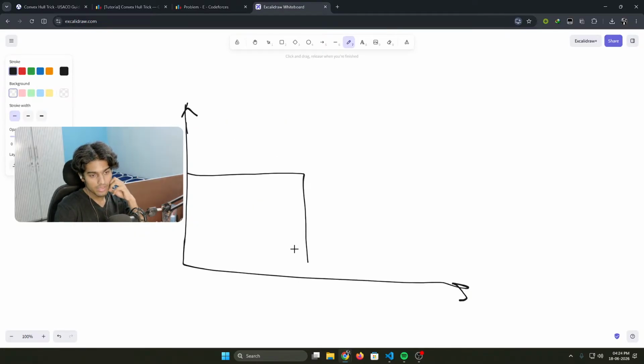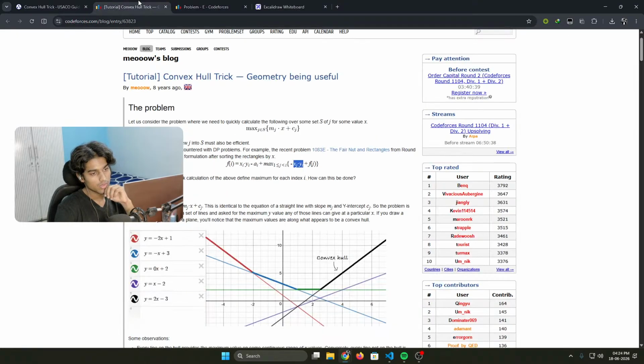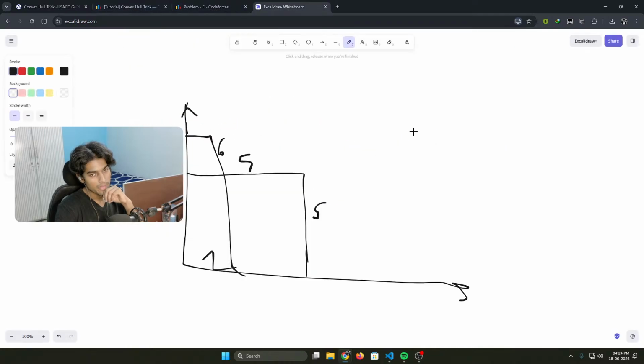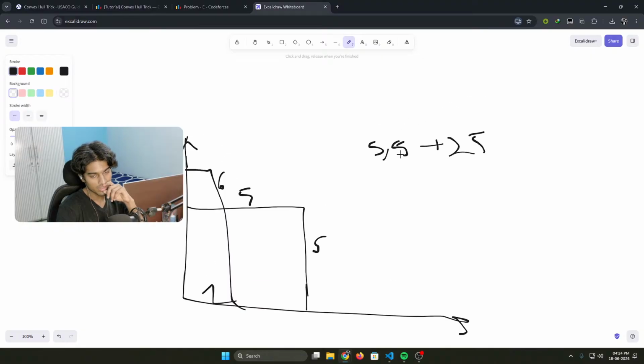So that basically means if I have something like this, let's say this is 5 5, this has to be 6 1. So here area is 25, right? But now what you're doing, you're saying you can do 6 minus something.